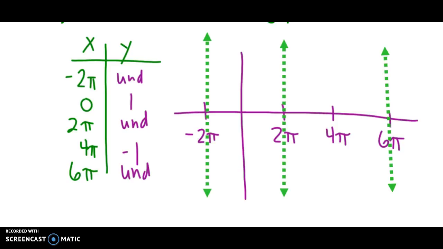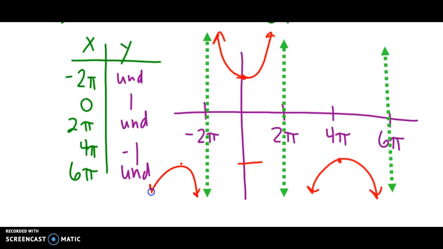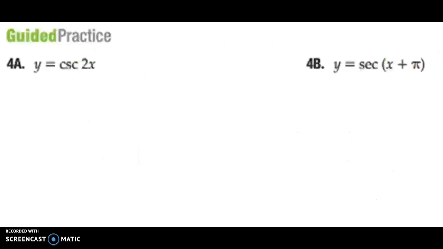And at 0, I'm at a positive 1, and at 4 pi, I'm at a negative 1, and the parabolas are right between the asymptotes. If I needed to continue, obviously, this one over here would be down here, and this one would be right here. Here's 2 problems you can try as guided practice.